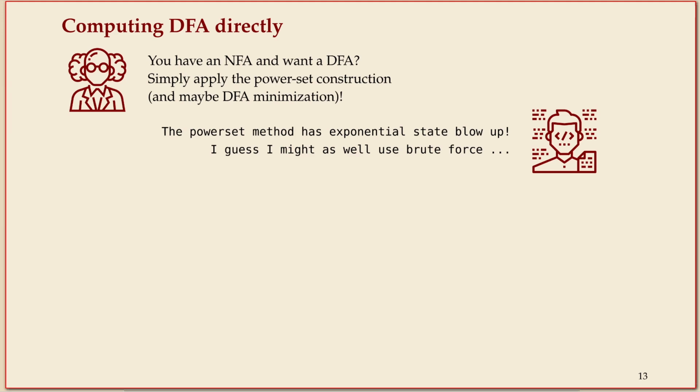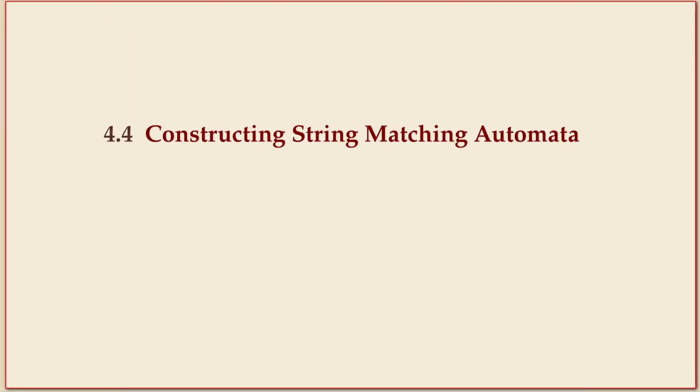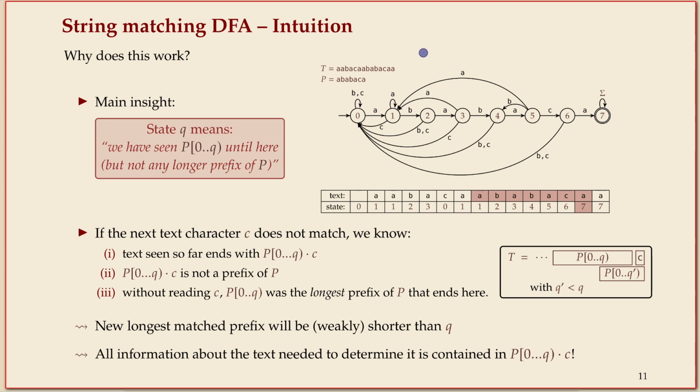And if you remember our example from before, this was the string matching automaton I've shown you for our example pattern. How many states did it have? Well, just m, or m plus 1, because the states had this specific meaning.